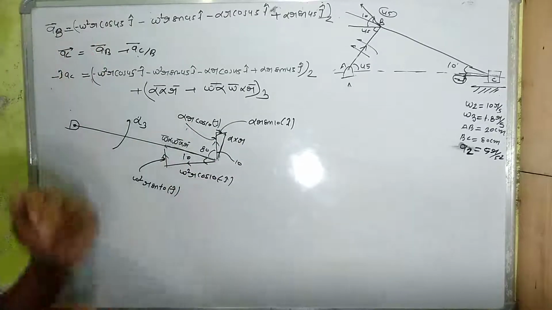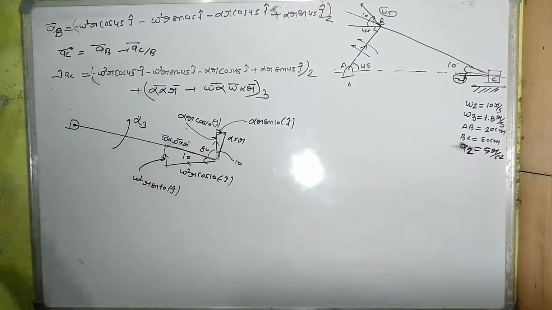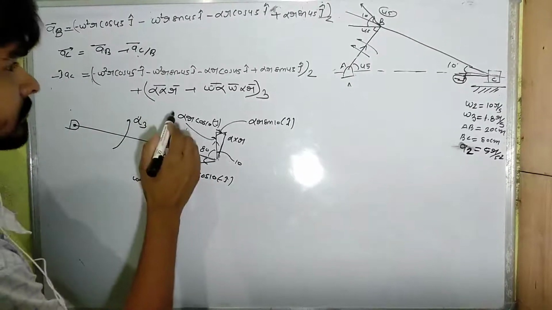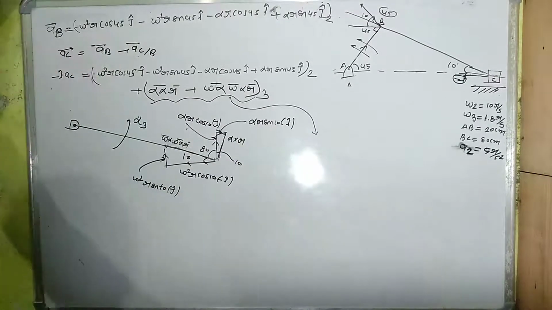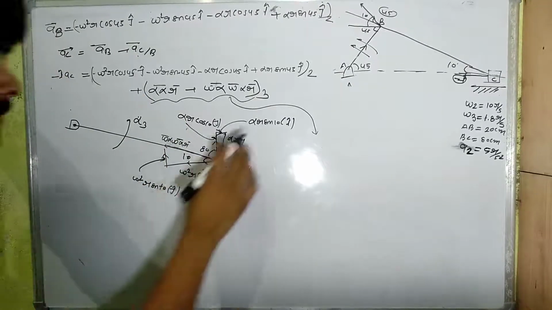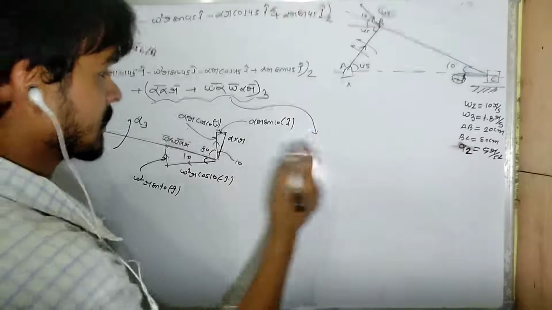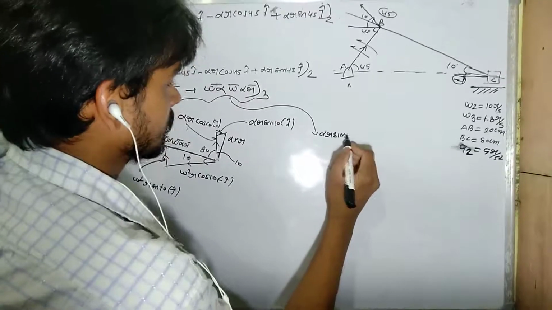Okay, so you have to write all these things. Look at here, I am writing only this part here. Okay, now you can write all this part. First alpha cross r you have to write. You can write alpha cross r here, alpha r sin 10.